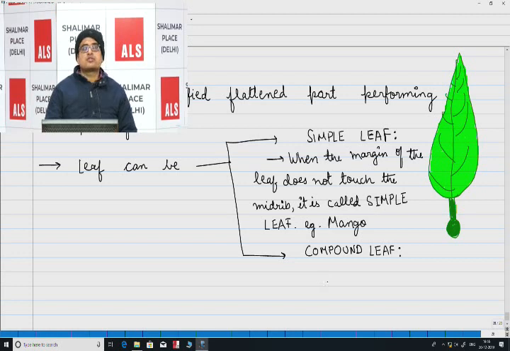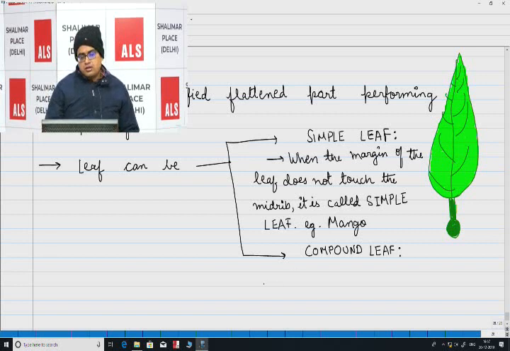Neem, rose, imli. Azadirachta indica, that is neem. Imli is Tamarindus. Rose is Rosa indica. All these plants have compound leaves. Bale also has a compound leaf. Now, compound can be of two types: compound palmate and compound pinnate.